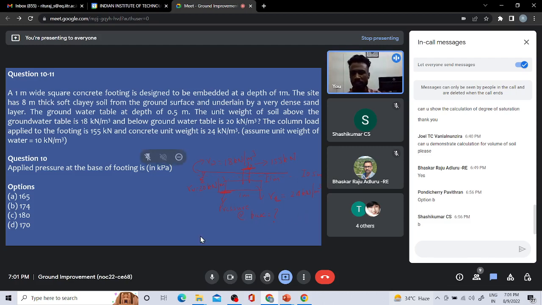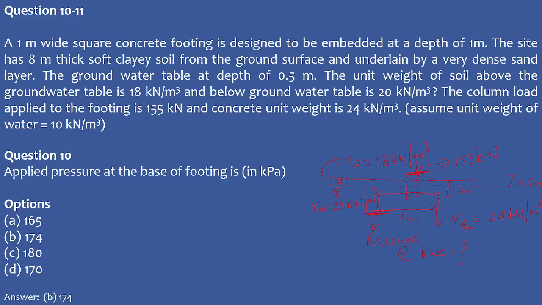So if anyone is having an answer for this question, they can shoot, or I can solve it for you. Fine, then the answer is 174.